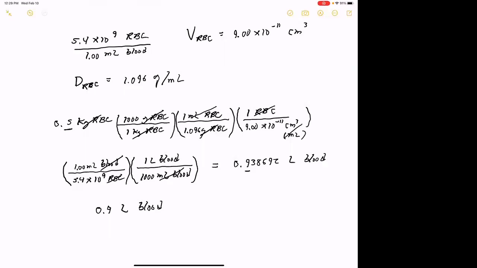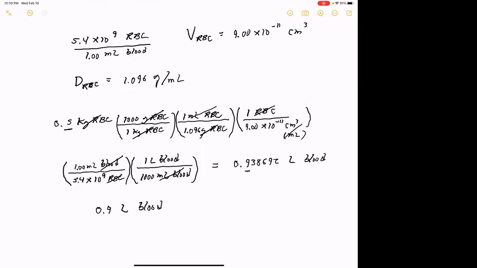Then once you've got that, you're going to do the very same thing with the next one. You're going to divide again by 5.4 times 10 to the 9th, also in parentheses. And then once you've got that, you're going to divide again by 1,000, and that'll take you there.